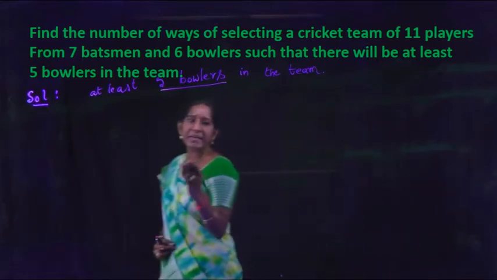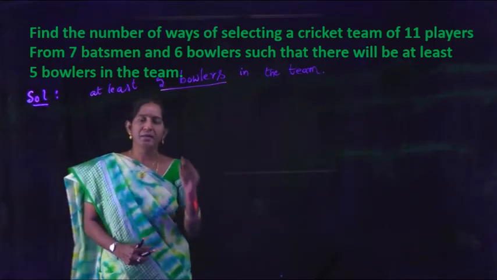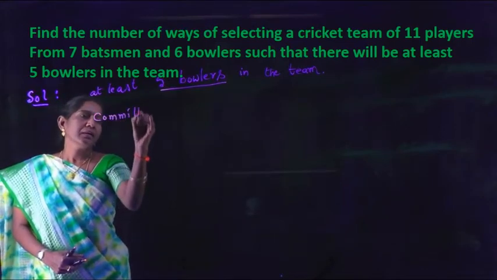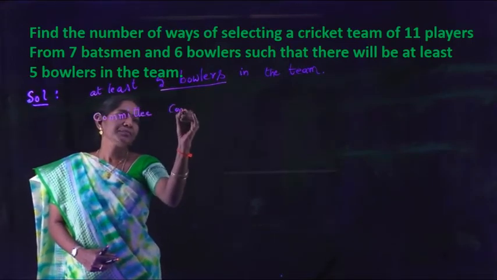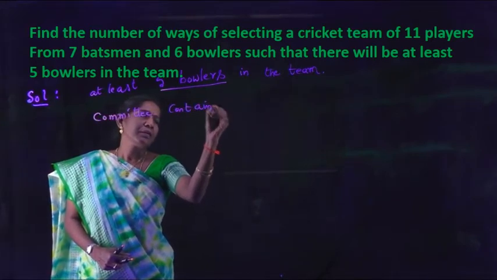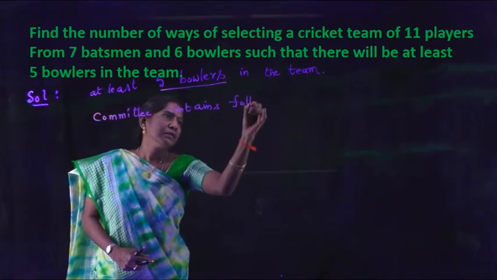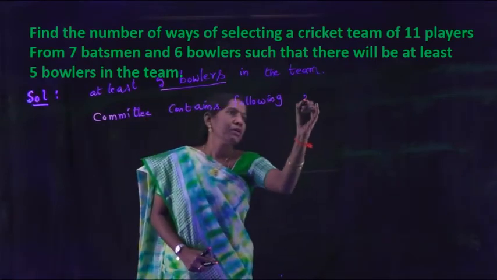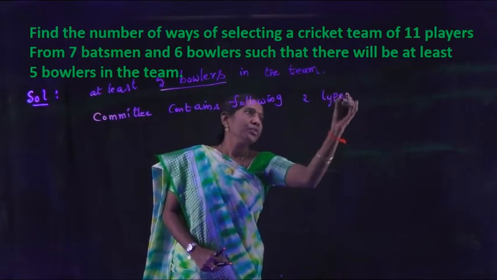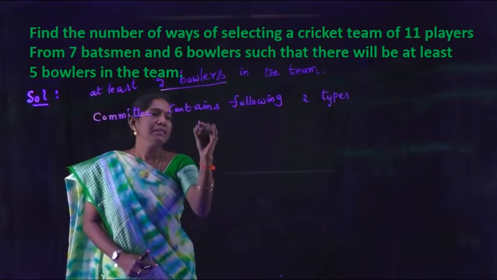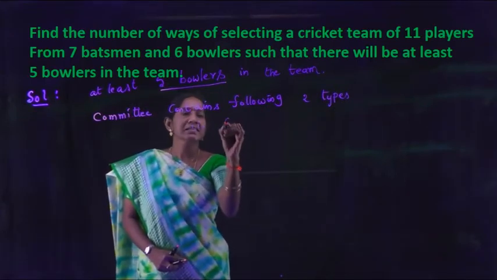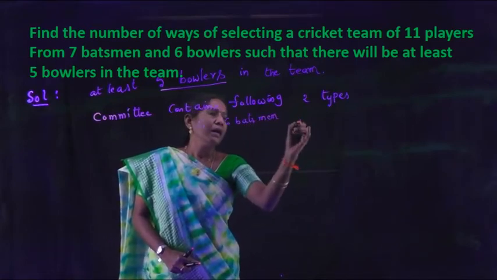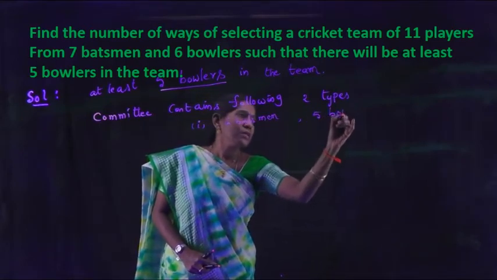Therefore, the team contains the following 2 types. One is 6 batsmen and 5 bowlers.